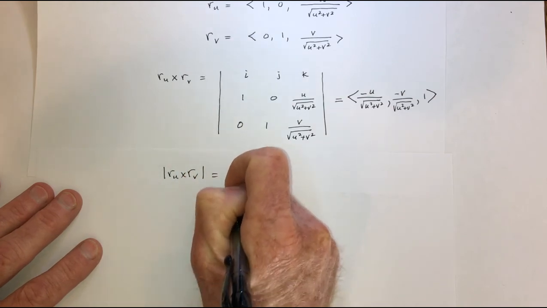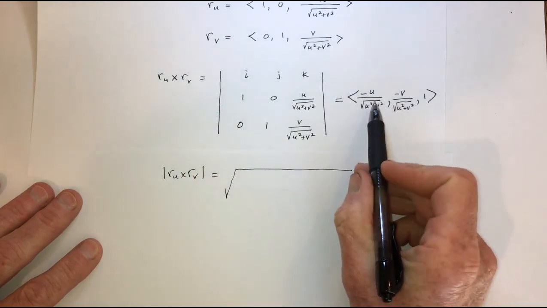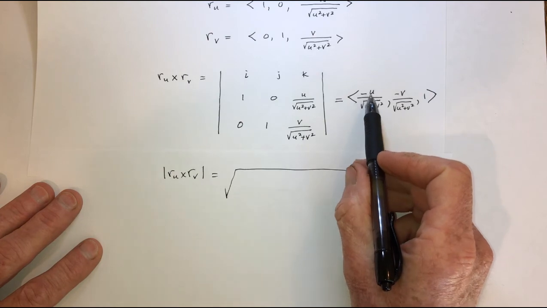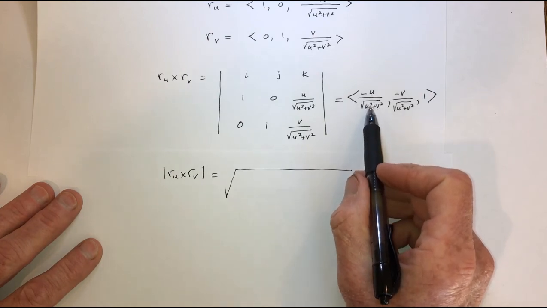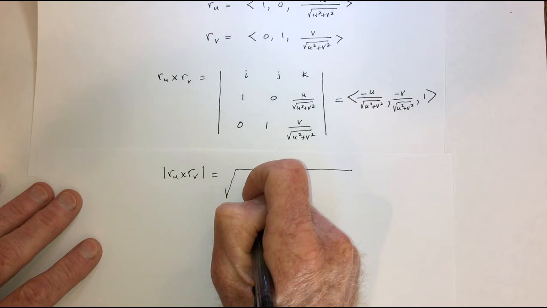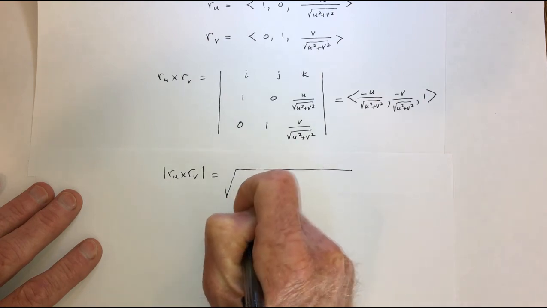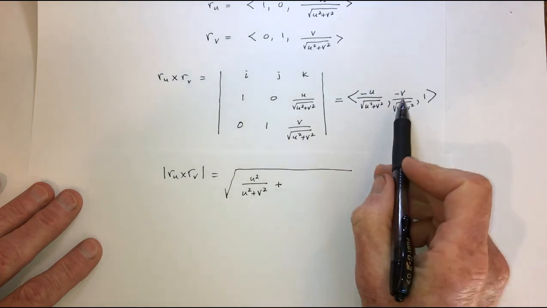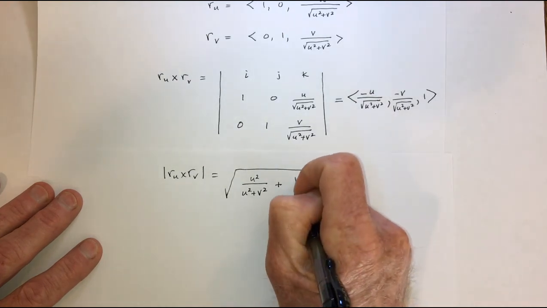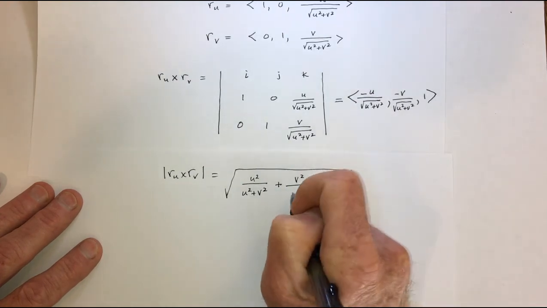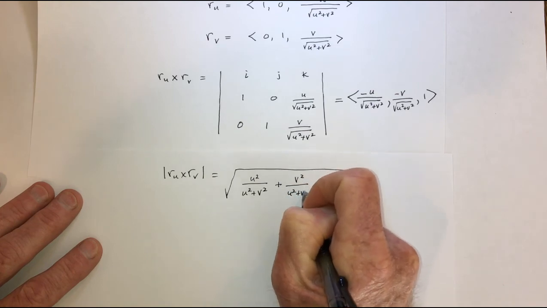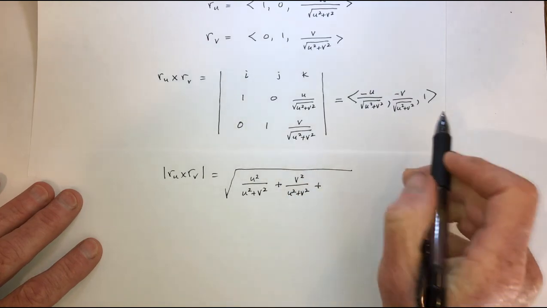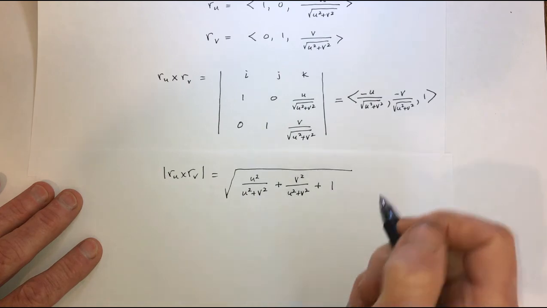That means it's going to be the square root of, and then square each one of these. So this one would be u squared, and when you square the radical, it's gone, so it's just going to be u squared over u squared plus v squared. And then square this component, so that's going to be v squared over u squared plus v squared. And then square the 1.